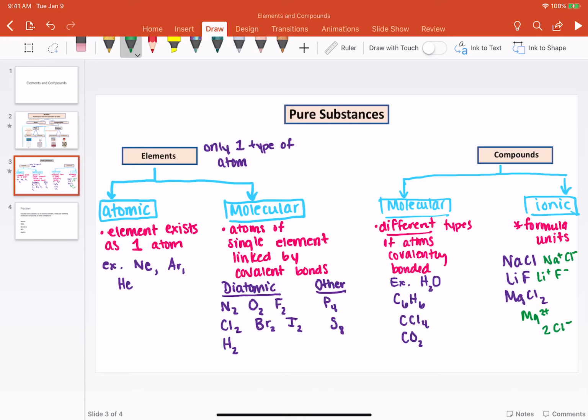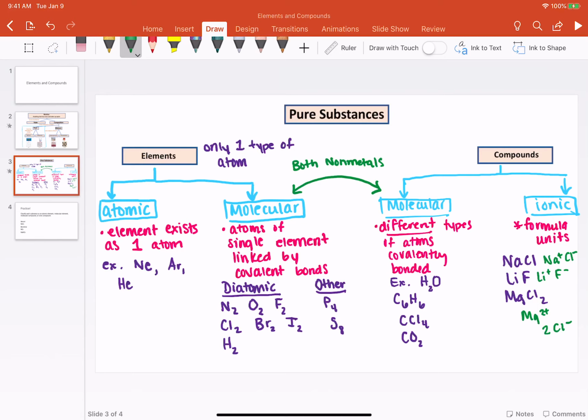So let's take a look at some of the differences between these again. We have these two molecular labels, one for elements, one for compounds. And what those have in common is that those are both only nonmetals. So nonmetals bonding with nonmetals.